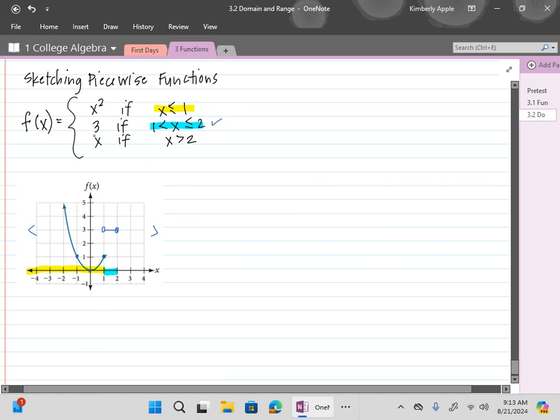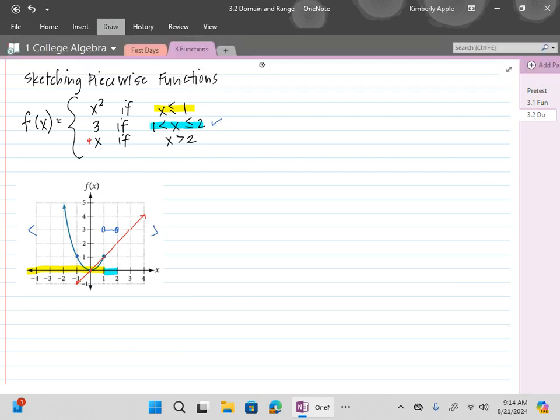Okay, that one's good. And now simply x. This is the identity function, f of x equals x. It's a linear function, slope 1, positive. So I'm going to draw that just so you can see it. Remember, that function goes from here to here to here to here and continues. That's the identity line. That's this one. But where does it exist?